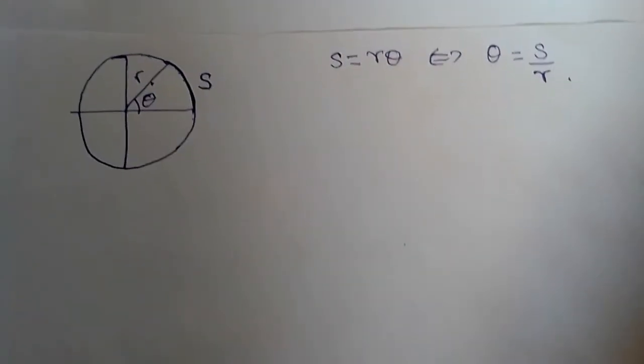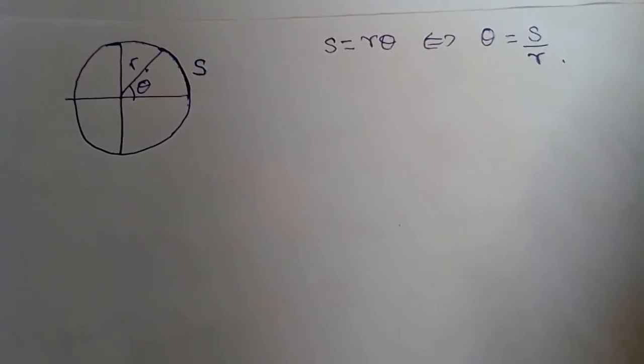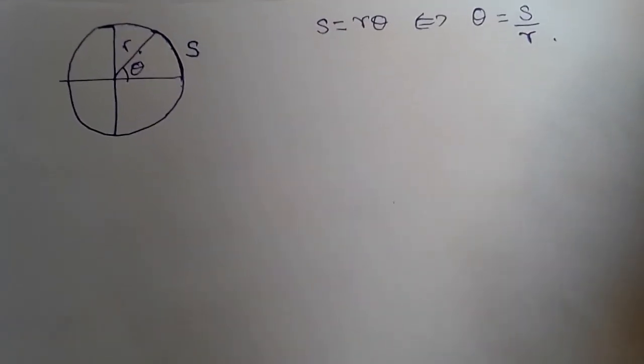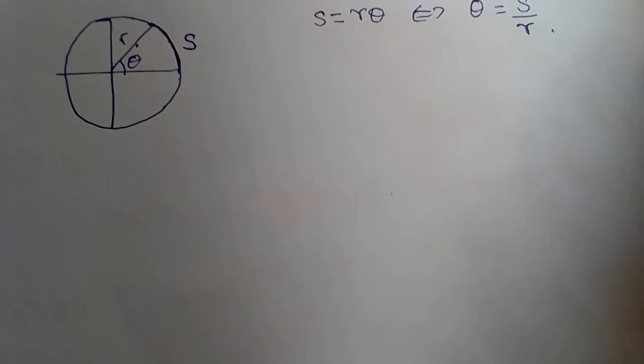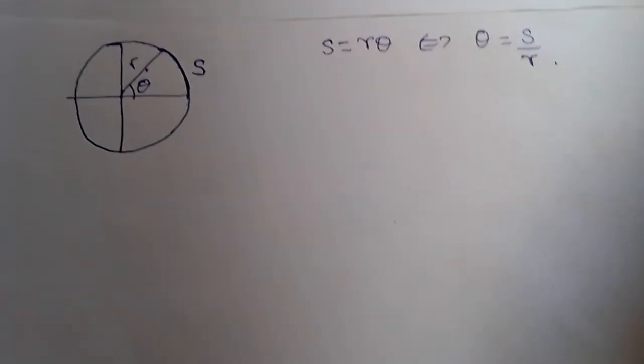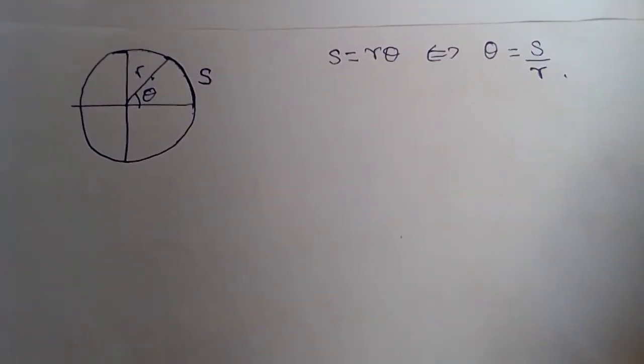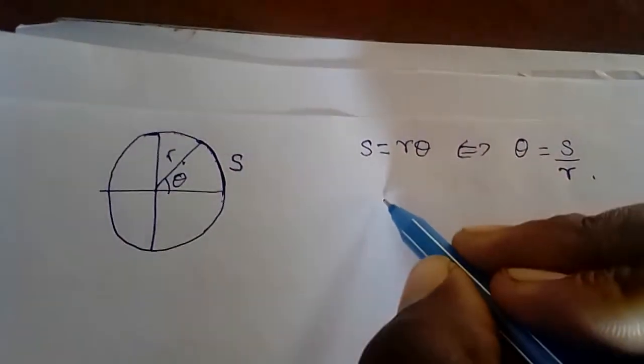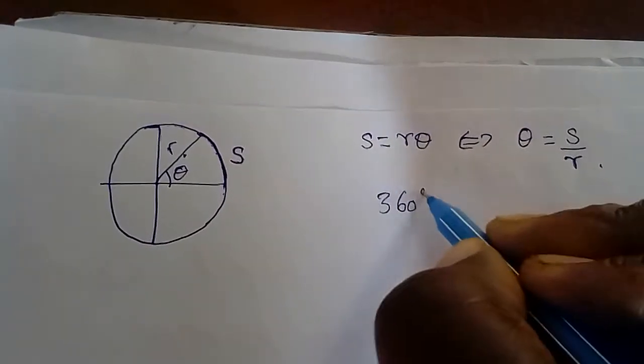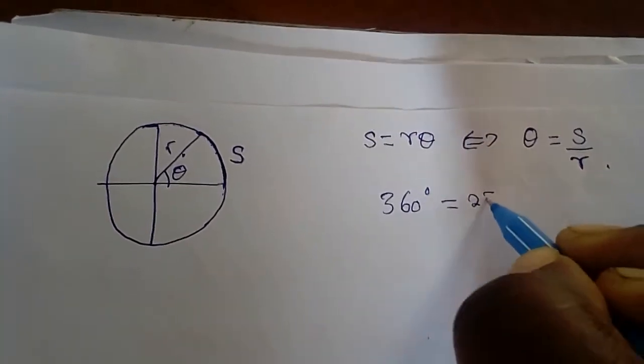We've talked about converting between degrees, radians and revolutions. It's not a big deal. But you should also take note that 360 degrees is equal to 2 pi.